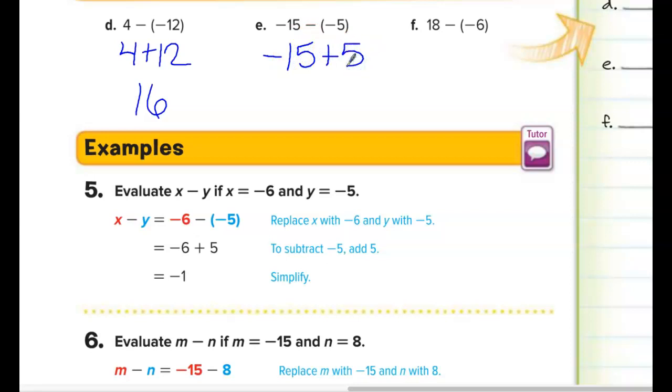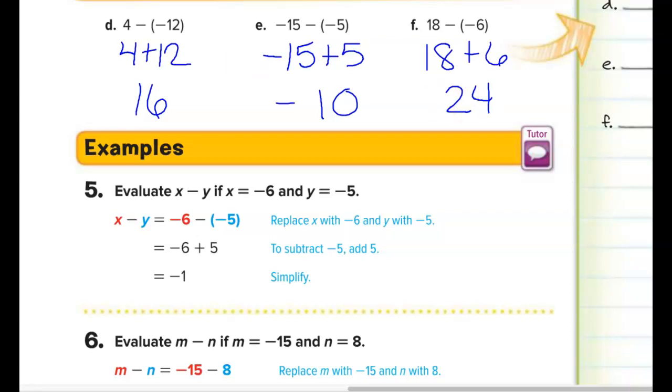Good. Do you have more negatives or positives, Sahara? More negatives. How many more? 10. Thumbs up if you got negative 10. Cole, how do you rewrite the last one? 18 plus 6. And what did you get? 24. Give me a thumbs up if you got 24. Nice job.